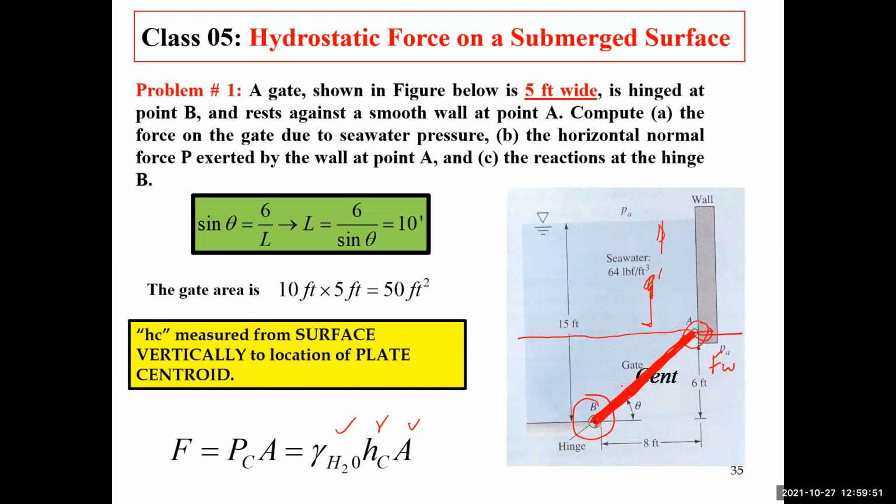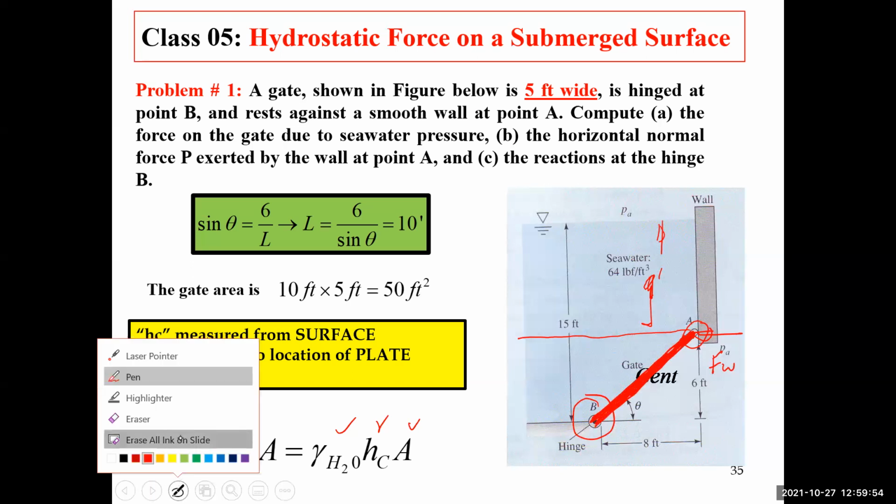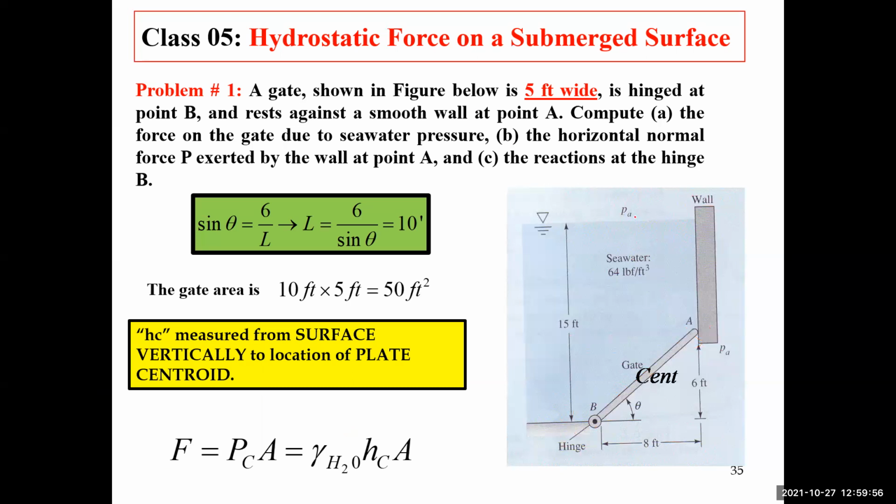So H sub c, we know that H sub c is always measured from the surface right down to the centroid of the gate. So to find the value of F sub r, I need to find the value of H sub c. And note it is still measured from the surface of the water.